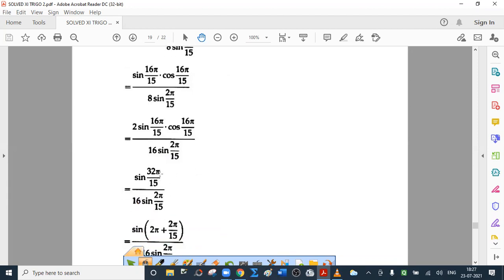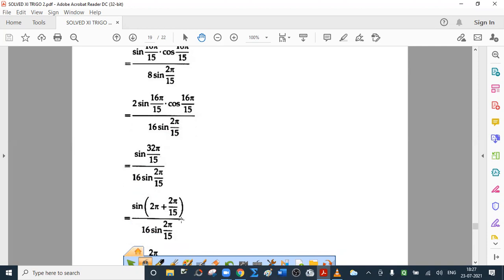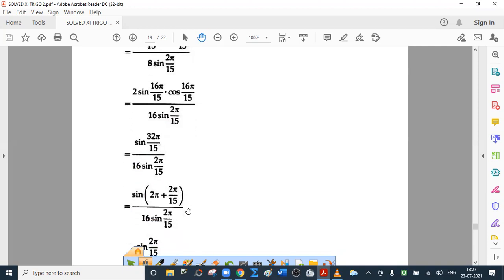Now can I write 32 pi upon 15 as 2 pi plus 2 pi upon 15? I can. Sine of 2 pi plus theta. Now please don't say that, sir, we can't see theta. By theta I mean this angle. Something is added to 2 pi. I'm telling you the allied angle formula: sine of 2 pi plus theta is sine theta.